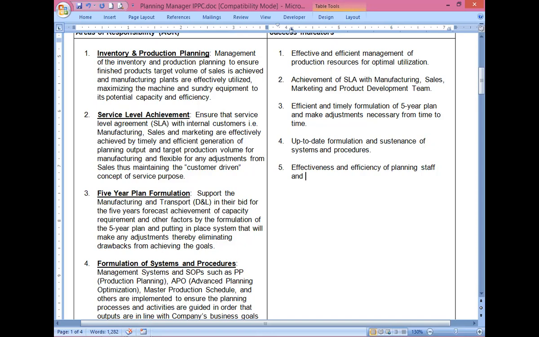And further, competencies. What is competency? Knowledge, skills, and attitude and behavior necessary for their jobs, are sustained.